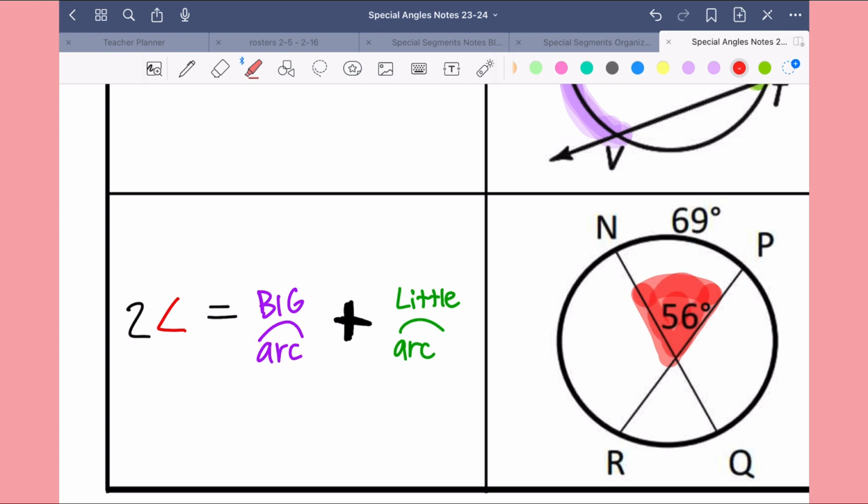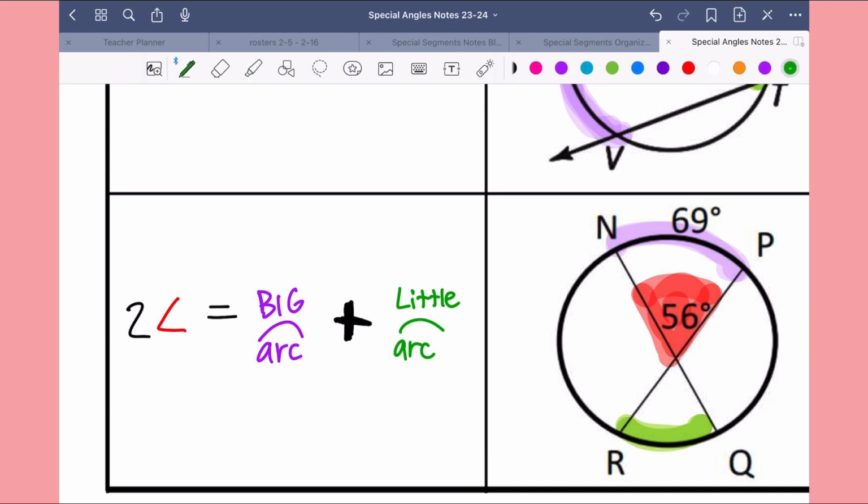Now my big arc: between NP and RQ, who's bigger? NP is bigger. Sorry, I used the wrong color. My big arcs are purple, my little arc is green. You can tell it's the shorter distance.